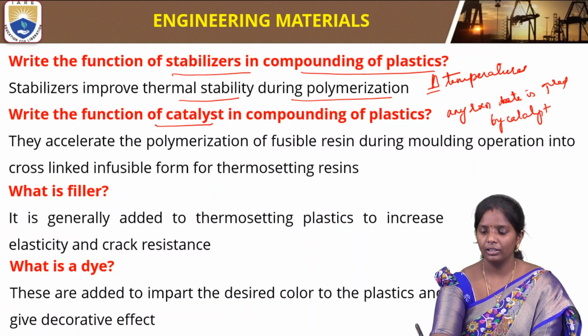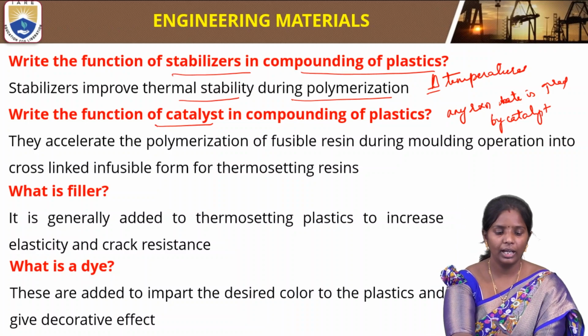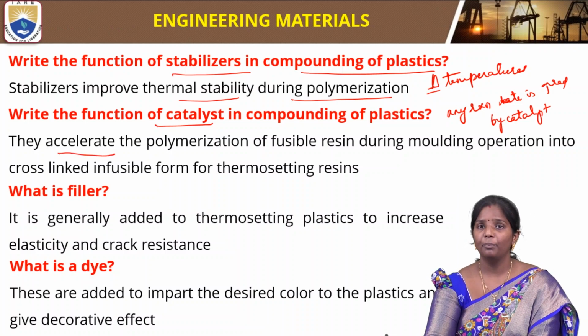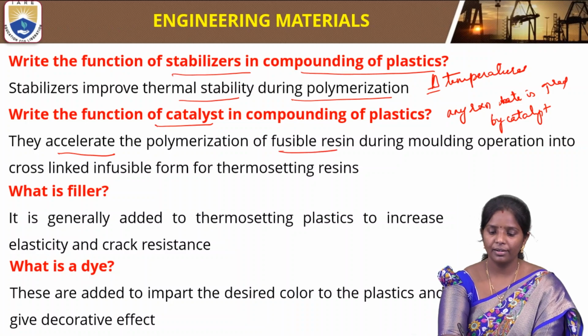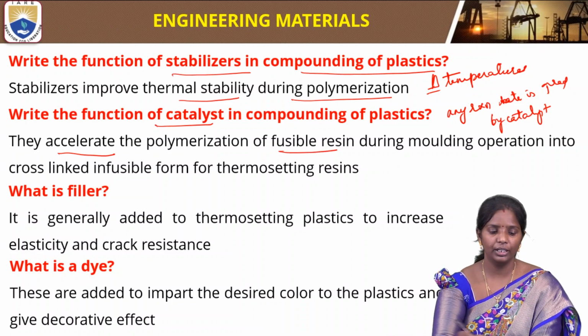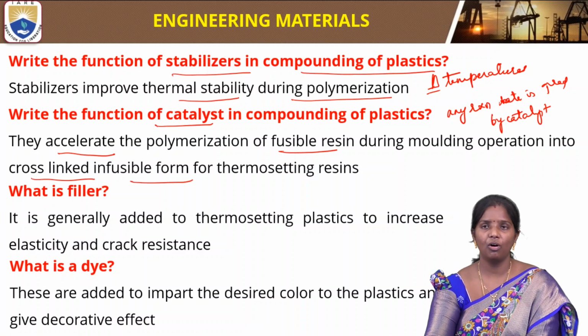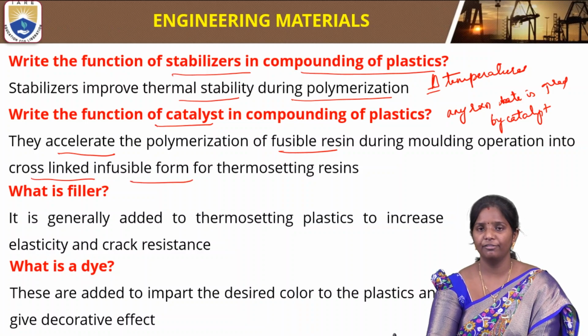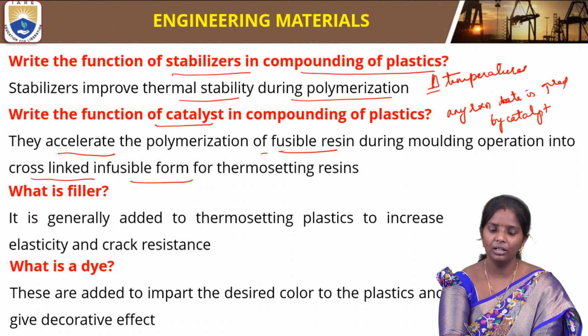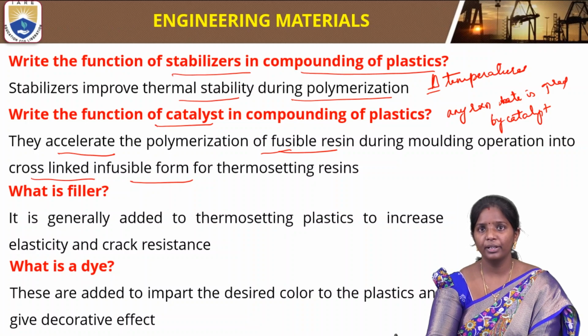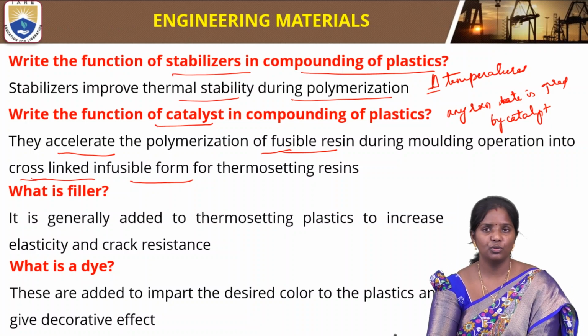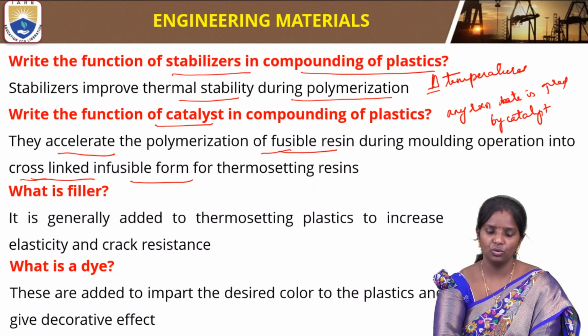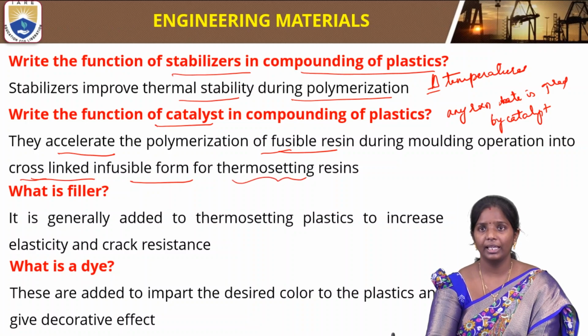In the same way, in compounding of plastics also, the catalyst accelerates the polymerization of fusible resin during the molding operation into a cross-linked infusible form. So that is what the catalyst works for. The catalyst will increase the rate of reaction, accelerating the polymerization reaction of fusible resin during the molding operation and forming the cross-linked infusible form for thermosetting resins. So for thermosetting resins, we use these catalysts.